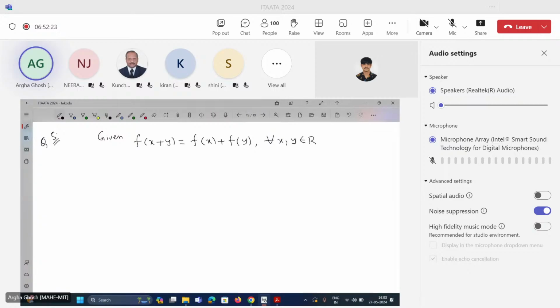The other thing given is that f of 1 is 1, and f is continuous on R.